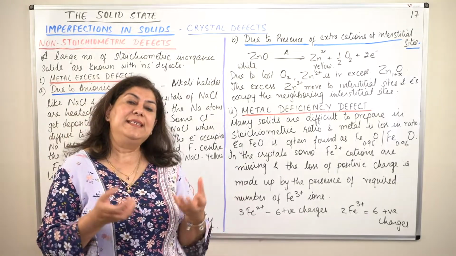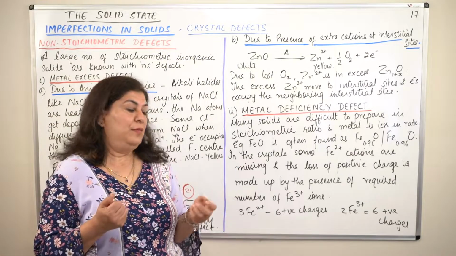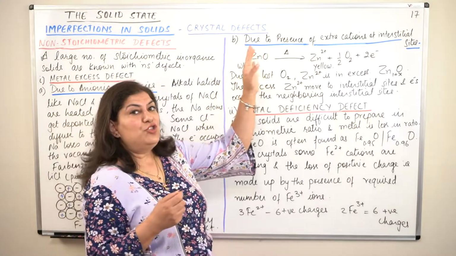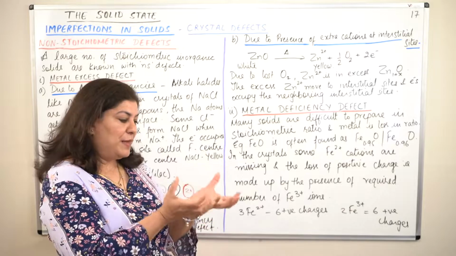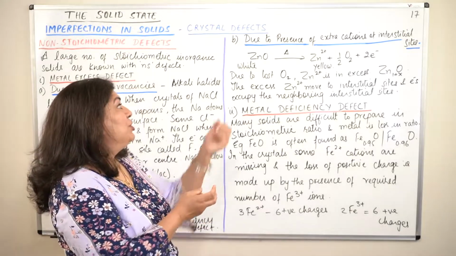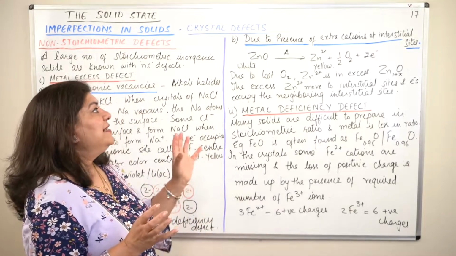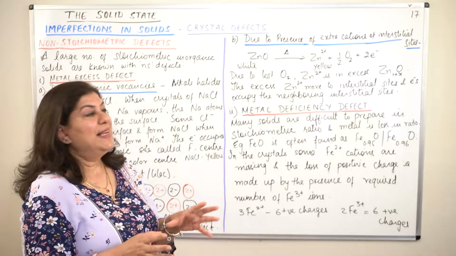If you heat zinc oxide up, the Zn is 2 positive and O is 2 negative. What happens when you heat up a crystal of zinc oxide, which is white in color? It turns yellow in color due to the presence of zinc ions.